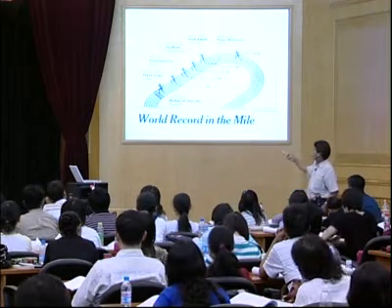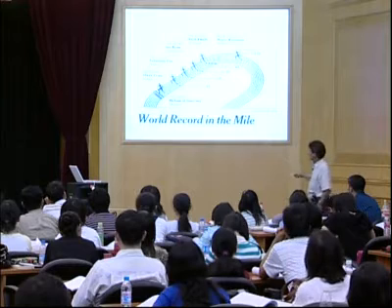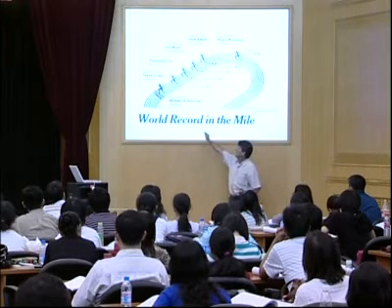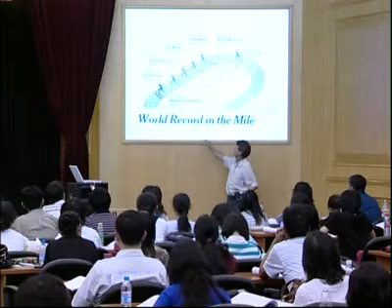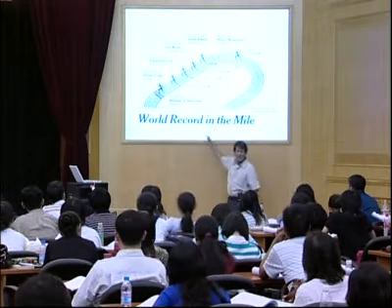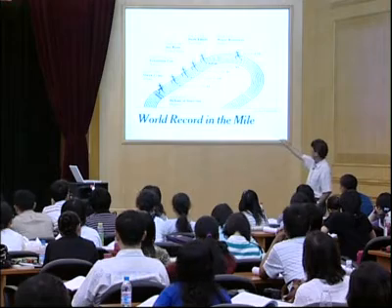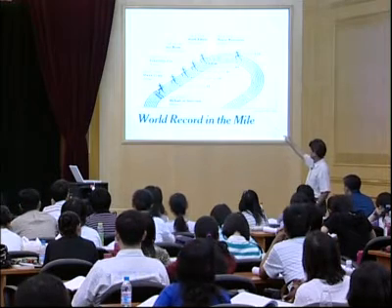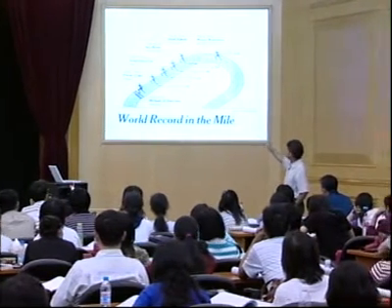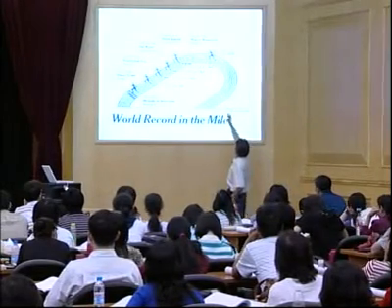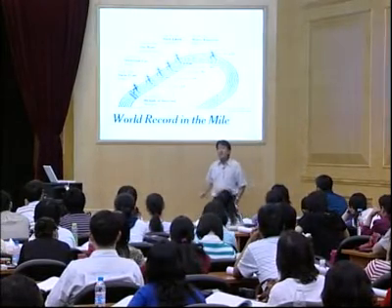And so the newspaper published this picture where they put on the same track El Guerrouj reaching the finish line, but then they put all the previous champions. So the champion Cram from 1985, and the champion Coe from 1979, and so on, all the way back to Roger Bannister over here.